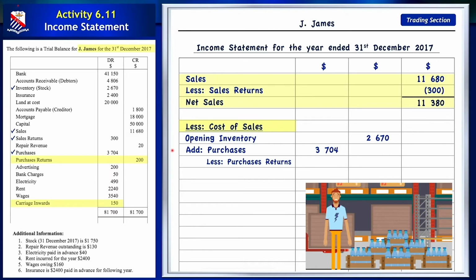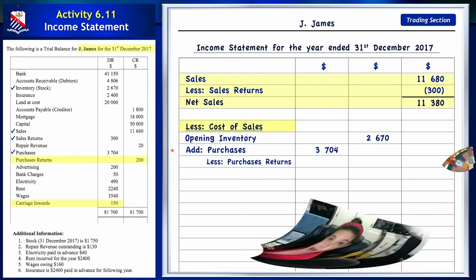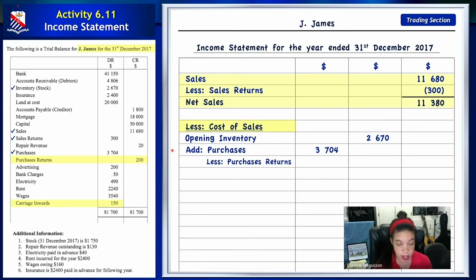Purchases returns would be that you have returned those purchases for whatever reason, whether it was damaged or wrong order or whatever it is. So you have to subtract it from your purchases figure. So how much was your purchases returns? You would see here it was $200. So you're going to put it underneath in the first column, and the brackets signify that you're going to minus it or subtract it.